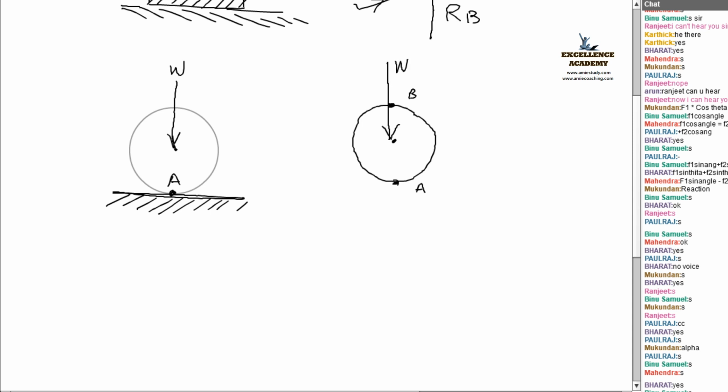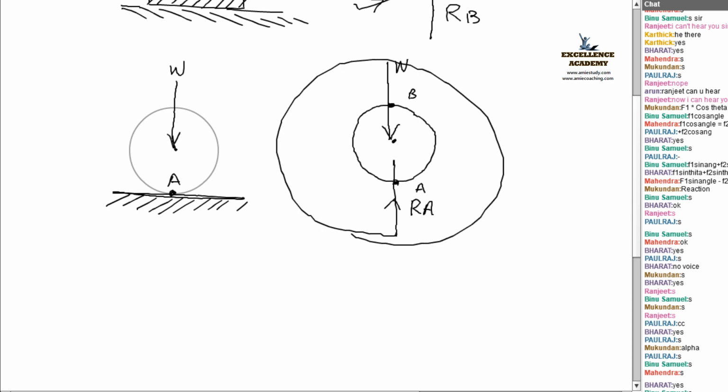The weight W is acting. And through A, which force is acting? The reaction force is acting like this, say RA. This type of representation is called a free body diagram, and that is required to solve certain problems.